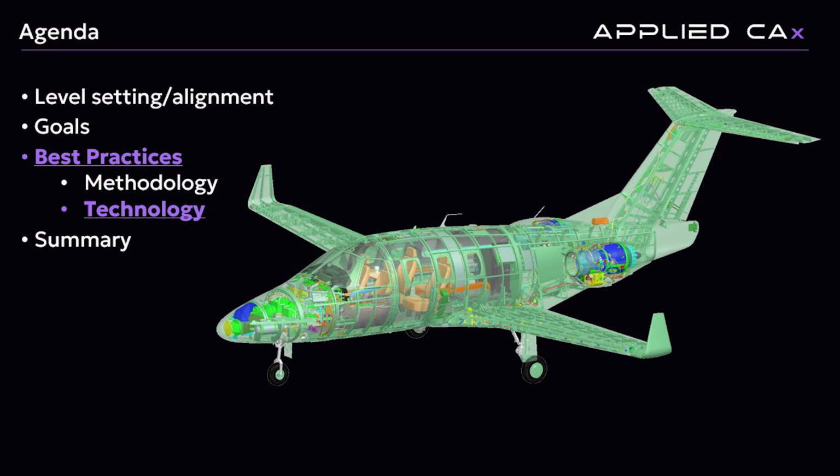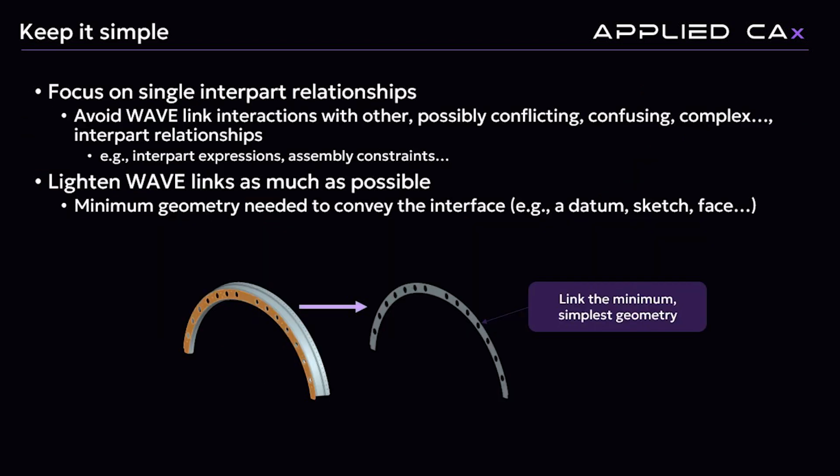So what we're getting in here is just keeping things light, some tips and tricks on keeping things light. Oops, one too many. In this case, you could have wavelinked the whole body, but you don't need to. The portion that's changing is just on that face, the location and size of the inlets.